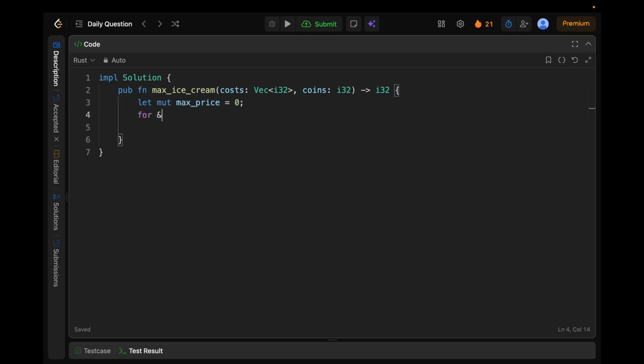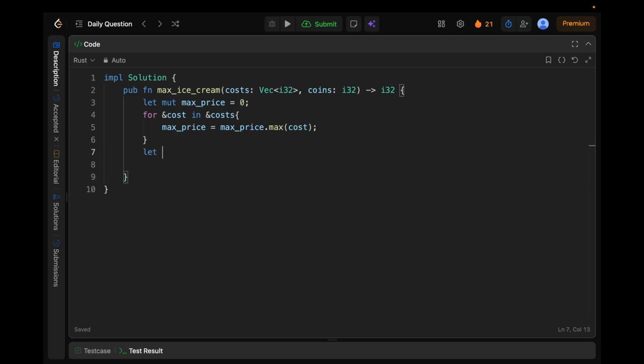For cost in costs, my max price will be the maximum of max price and cost. After coming out of this, I create a vector that stores the quantity. It has all elements initialized to 0 and the size being max price plus 1.